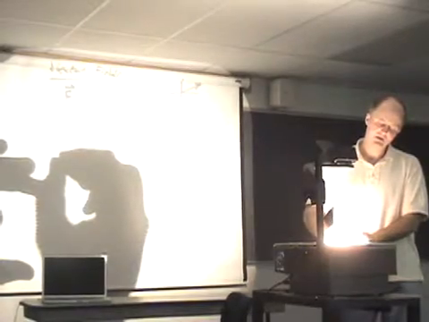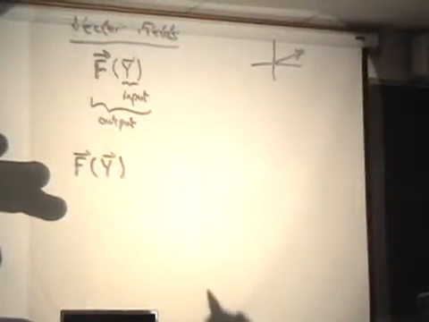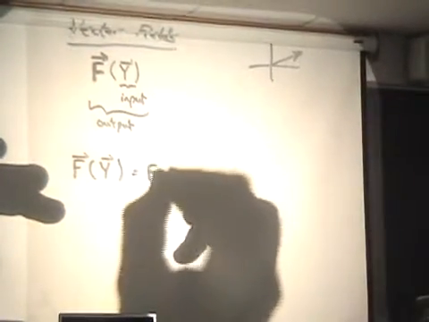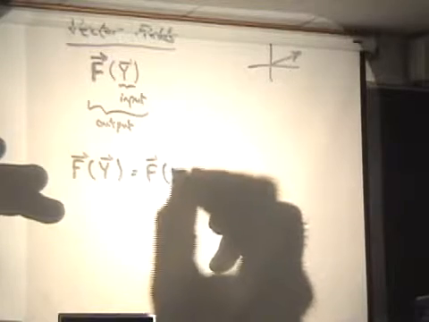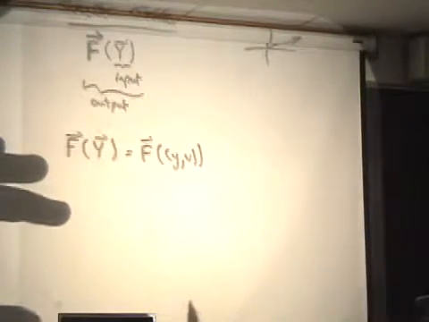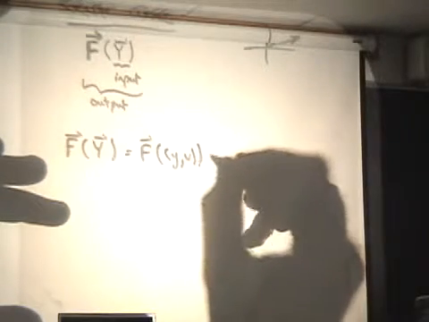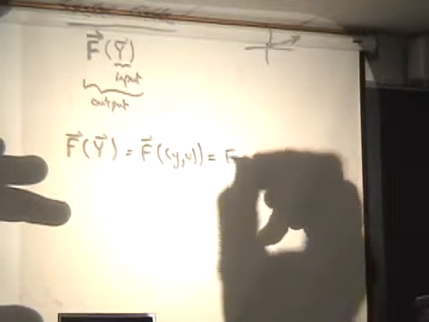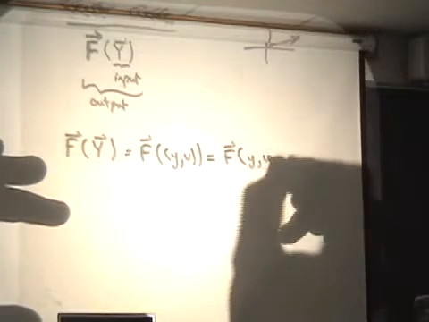Here's an example of a vector field. If I think of capital Y as representing the point (y, v), I'm putting extra parentheses in there, but just this one time for emphasis. We usually won't bother with the extra parentheses.